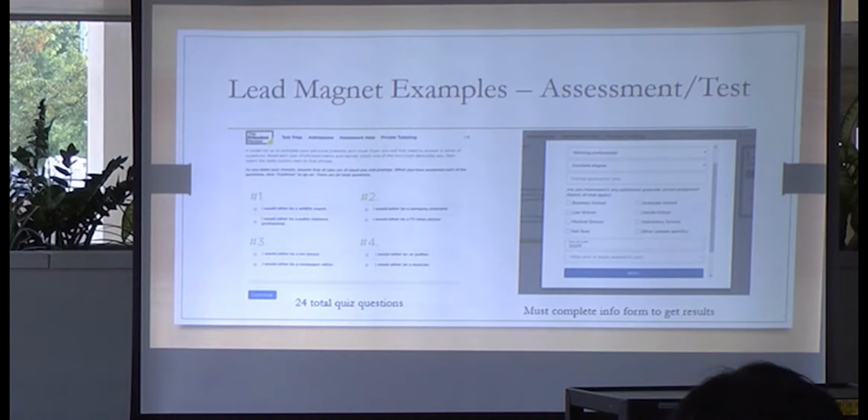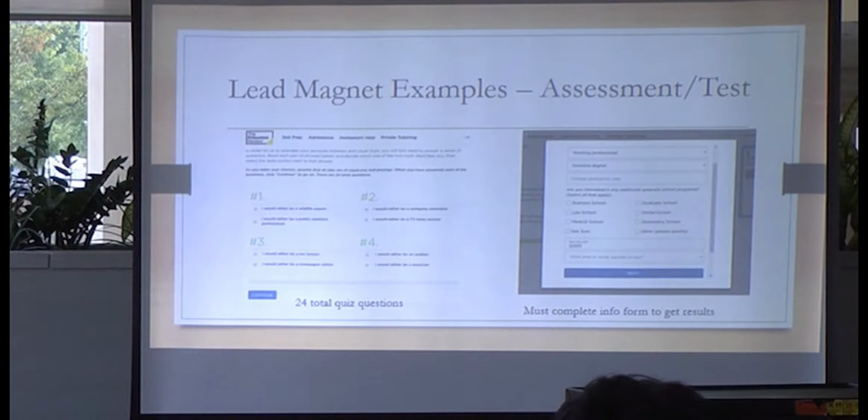Assessments and tests. These are things that we use a lot. Researchers in academia, surveys, quizzes. A lot of times people will be interested in knowing something about their personality, various personality assessments, or assessments about different skill sets. And if you take this little quiz and get a certain score, it tells you something about yourself.